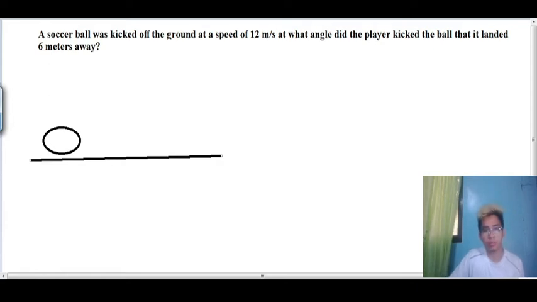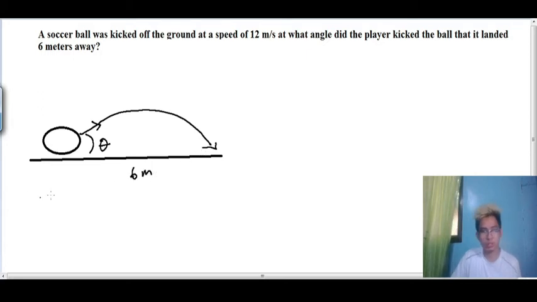So it was kicked at a certain angle that we don't know, and it reaches a range that is 6 meters. So the range is 6 meters.